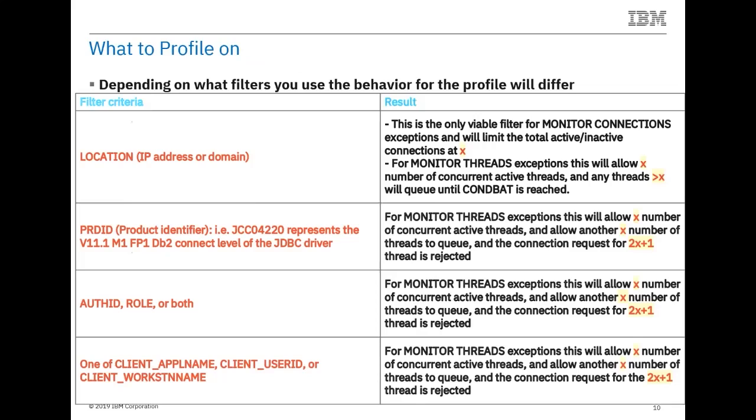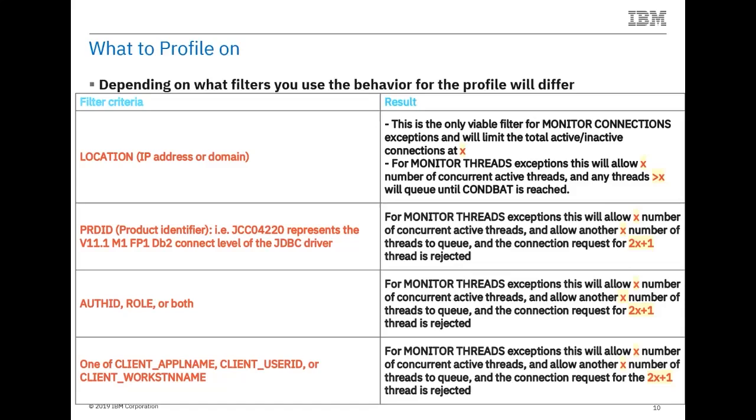So here's a little chart I created to help you understand that, based on what you profile, what your criteria are, what you monitor on, has a different action point within the profile. So if I'm filtering on location, looking at a specific IP address, generally speaking, you can use that to monitor connections. And as I said, if you say 100 connections, the 101st one triggers the profile.